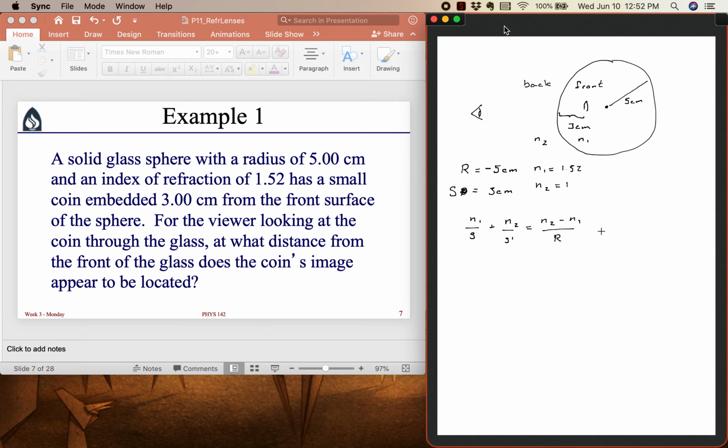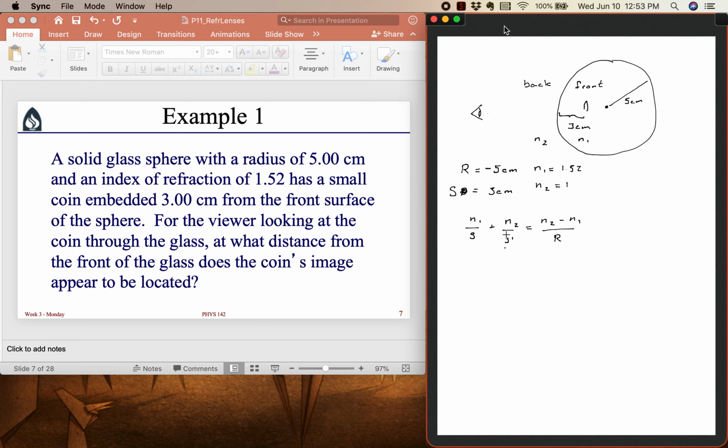So what I want to know is, where is the coin image located? So I want to know what is the image distance. And right now I can see that the image distance is buried here in the denominator of this term of the equation.